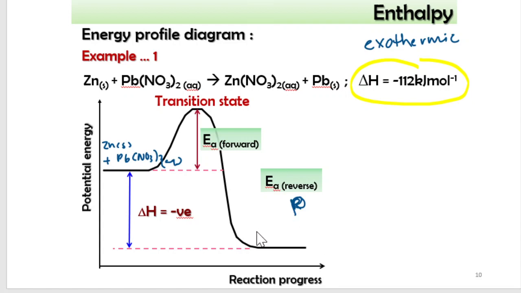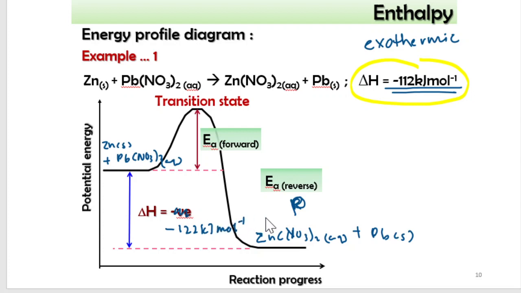Okay, so the product here must be zinc nitrate, NO3, plus Pb in solid, and then as you can see here, kamu ada diberi value of delta H. So sini akan jadi negative 122 kilojoule per mole. Okay, so all your labeling dalam energy profile diagram must be complete like this, baru kamu dapat markah.